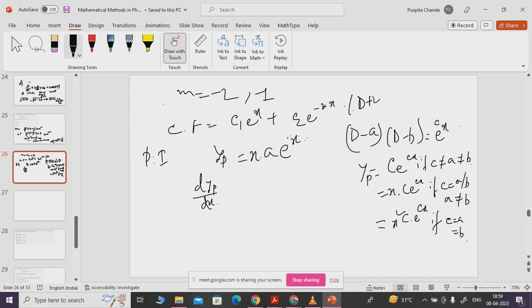So we can say it is (D plus 2) into (D minus 1). And it is e to the power x, so if we regard this as a and this as c, a is 1, c is also 1. So c is either equal to a or b. This condition is satisfied, right?